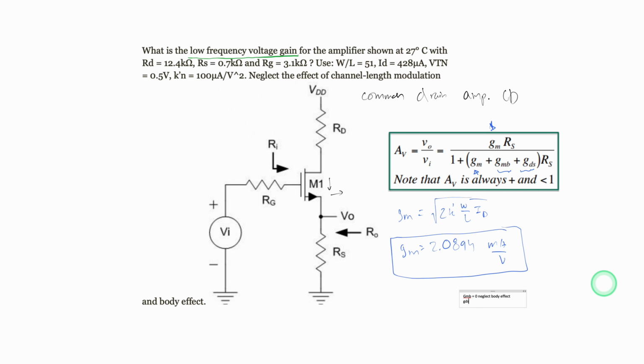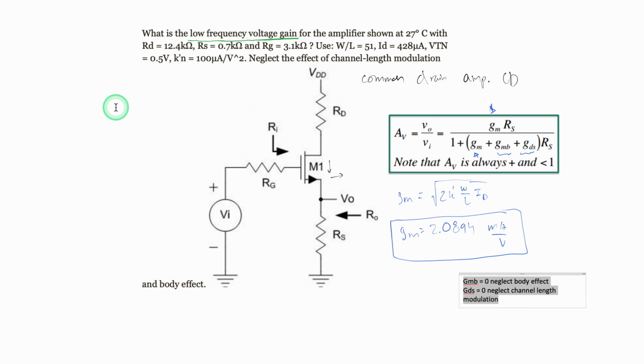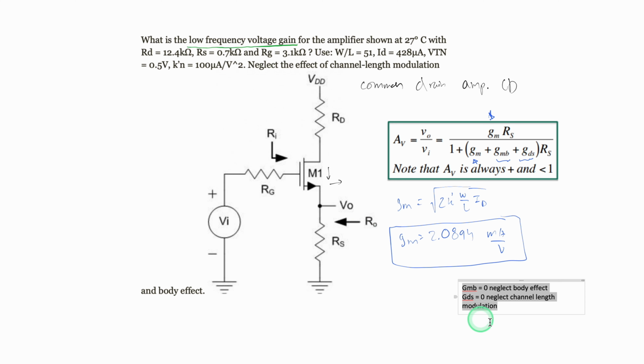Now, our GDS is similar, except we are going to set it equal to 0 because we neglect the channel length modulation. And that last part, it actually tells us in the initial question to neglect the effects of channel length modulation. So that is how we would solve for this. Both of these are going to be 0, so we'll take these and not include them when we plug in our values.